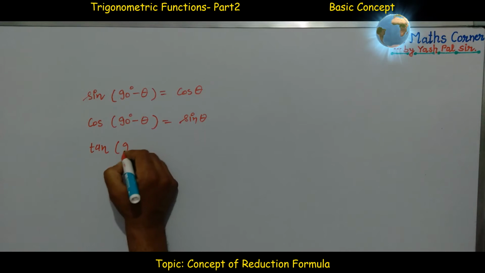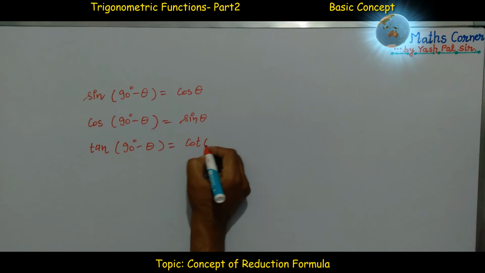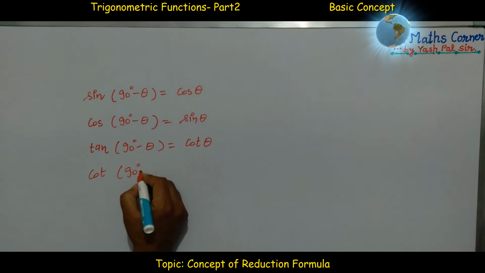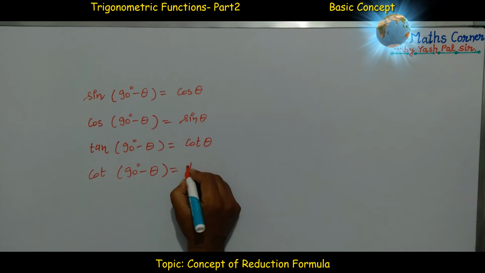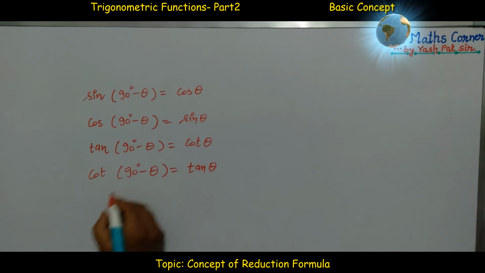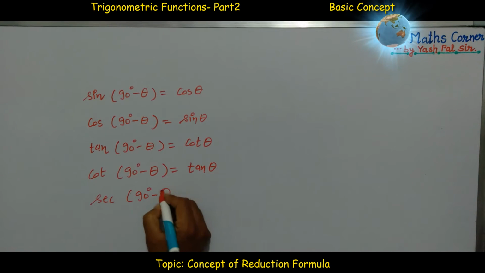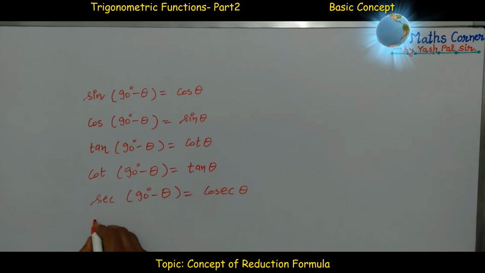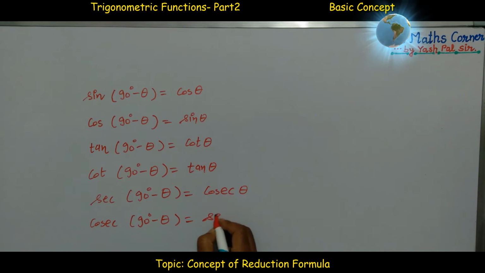Tangent 90 degree minus theta is equal to cotangent theta, and cotangent of 90 degree minus theta is equal to tangent theta. Likewise, secant of 90 degree minus theta is equal to cosecant theta, and cosecant of 90 degree minus theta is equal to secant theta.